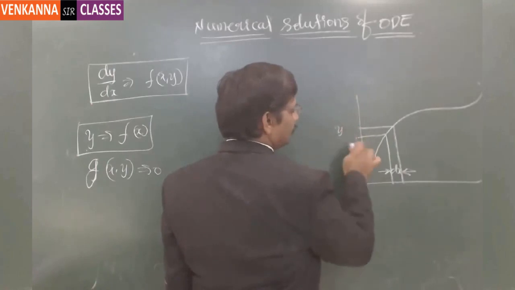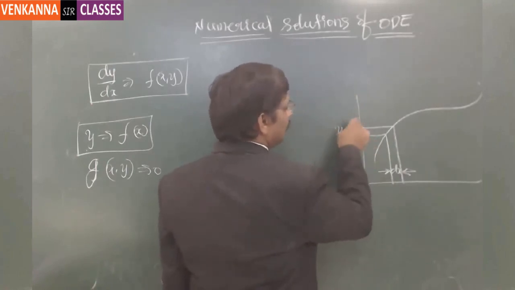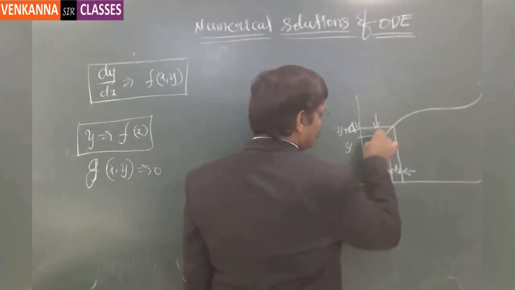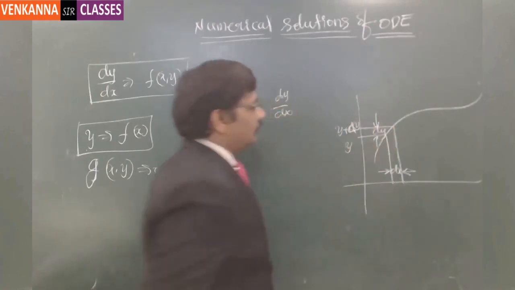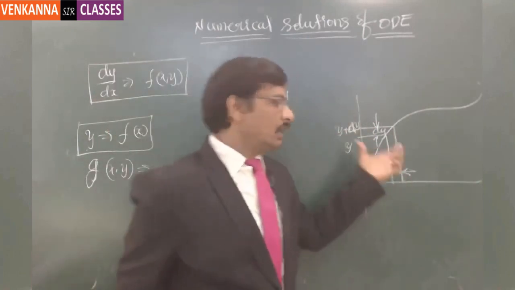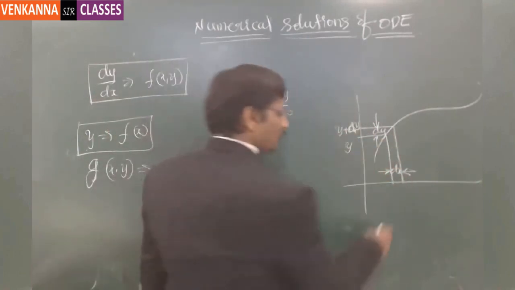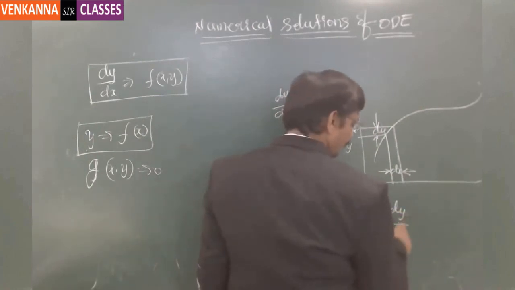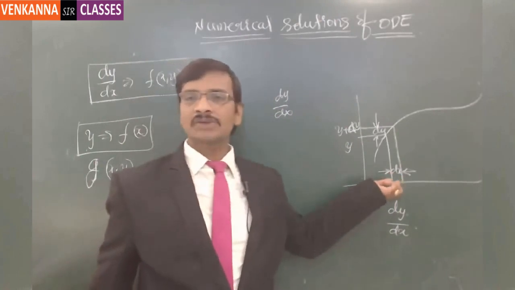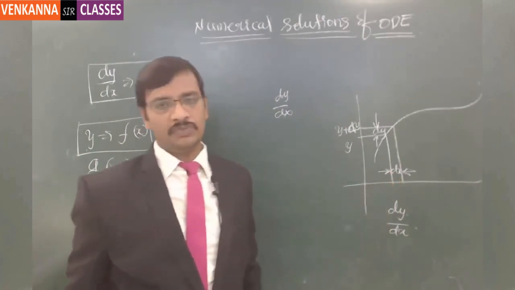If you call this y, this value is going to be y plus delta y, or y plus dy. So this vertical difference is dy and the horizontal difference is dx. Now the differentiation is nothing but finding the ratio between dy and dx. So this is the ratio. Here dx is almost 0; that is the assumption we are making.